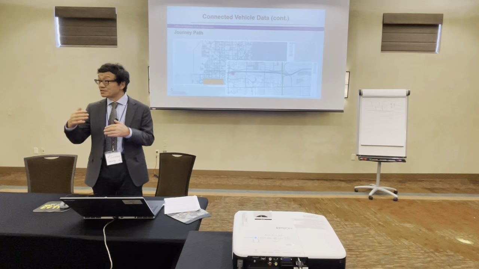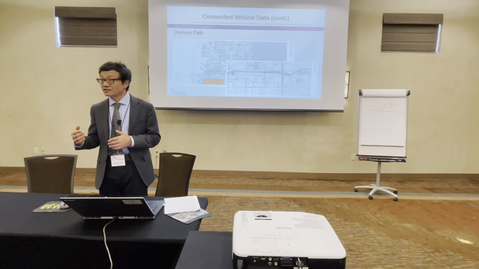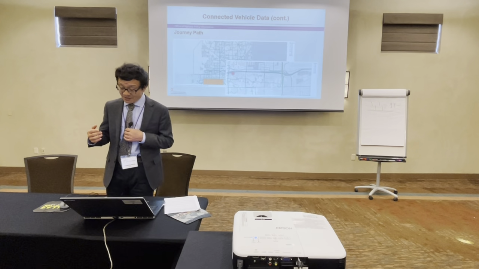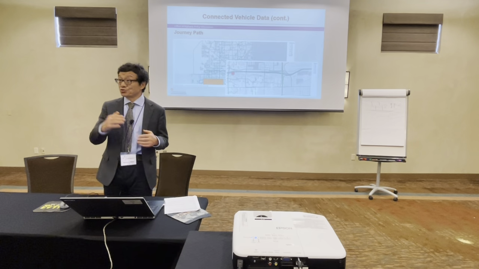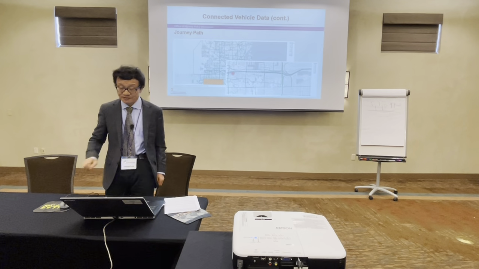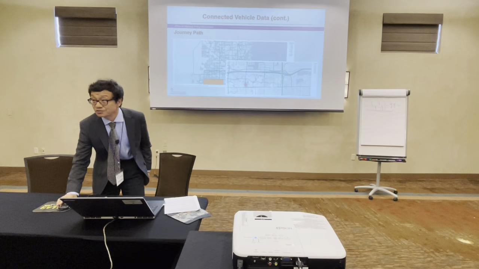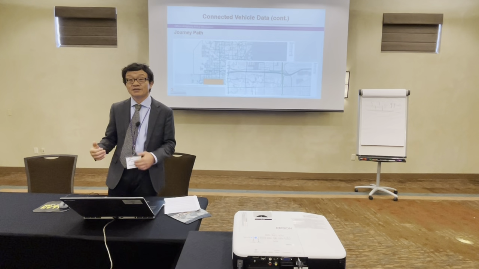And also, as I mentioned earlier, this map will help us understand how a driver chooses their route given one OD pair, for example, from point A to point B, why this user chooses this route and the other user chooses another one, something like the TDM questions.